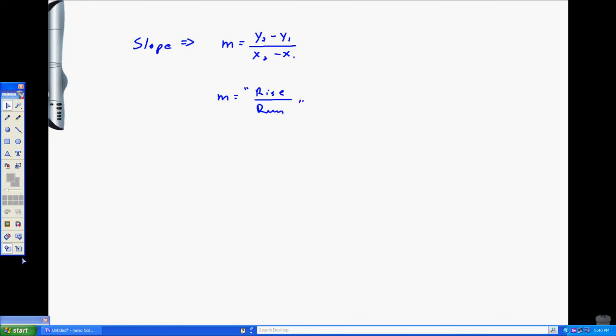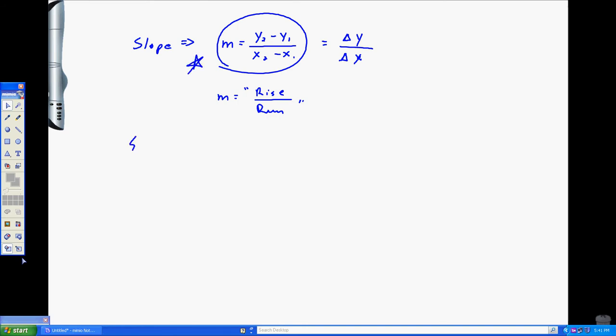Because it's the change, rise over run. Some people will also use a little triangle. The letter for that is called delta, change in y and delta x. So that says the change in y over the change in x. Change in y values over the change in your x values. But this formula is the big daddy. That's the one you want to remember.